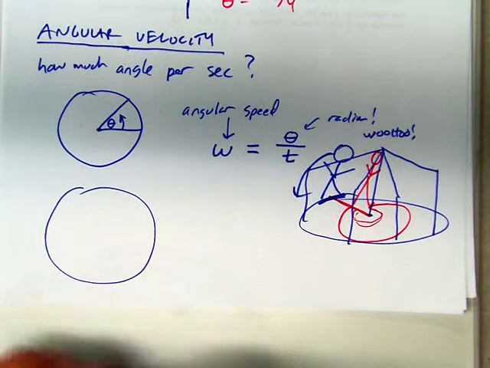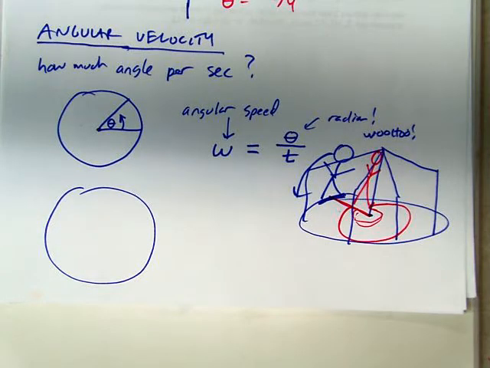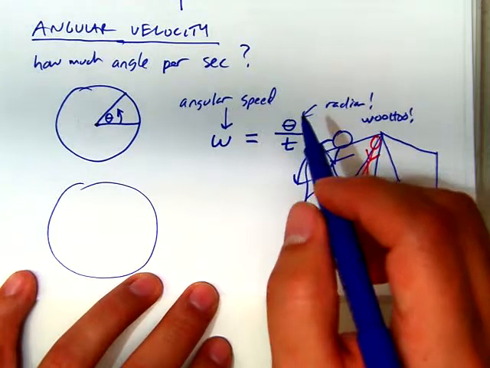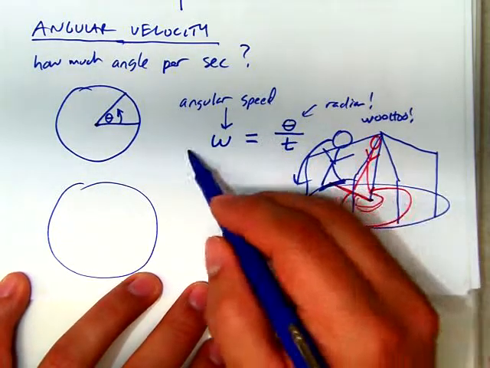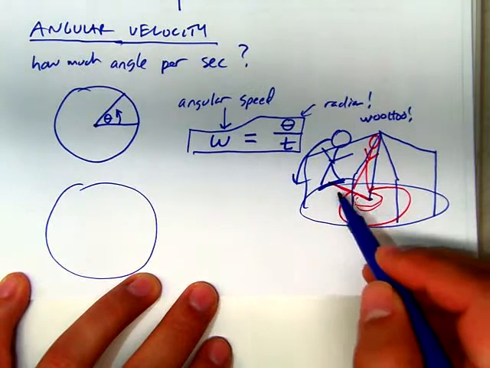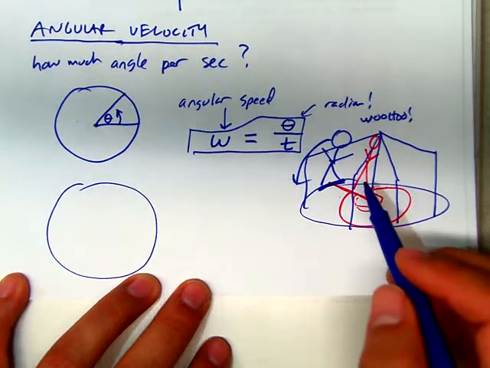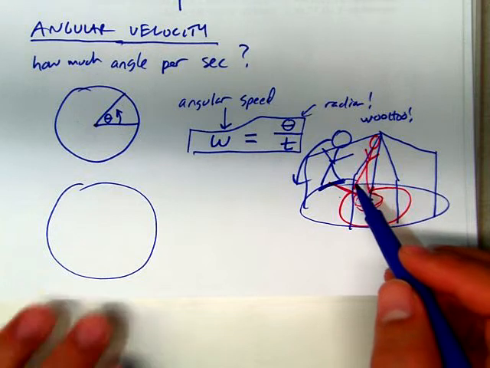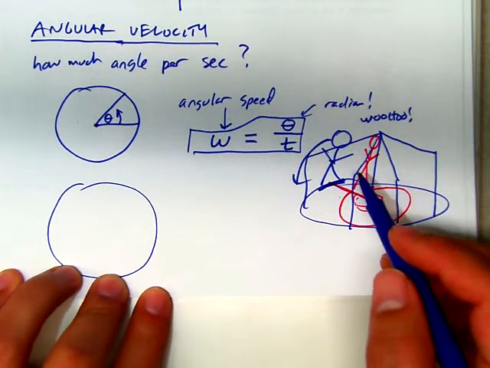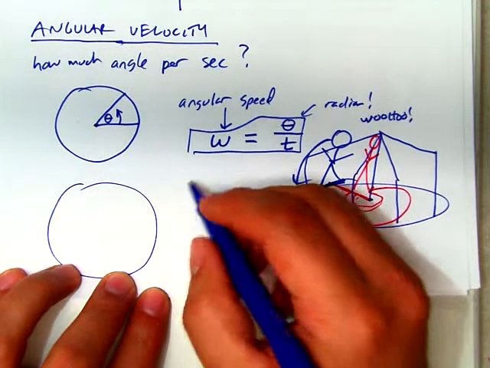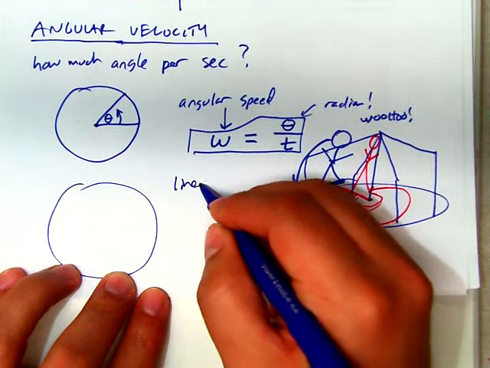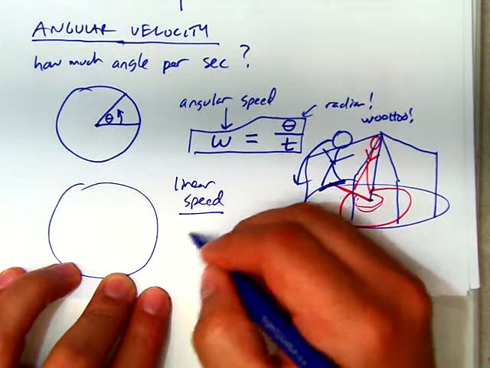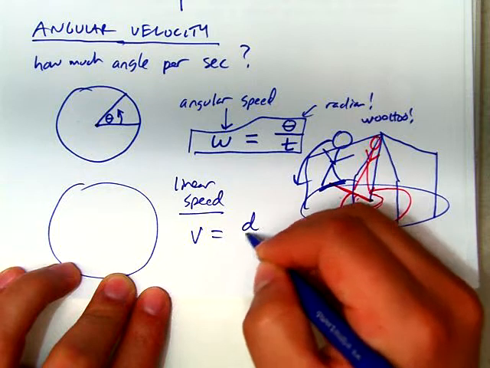Hopefully that helps you tell the difference between angular speed and linear speed. Angular speed tells you how many degrees or radians have been rotated in a unit of time. Now linear speed, here's how we can find it. We know that linear speed is v equals d over t.